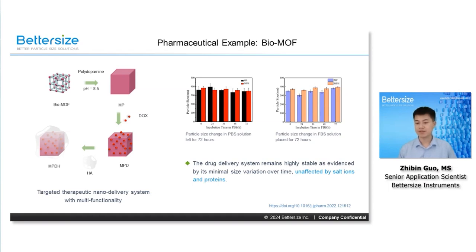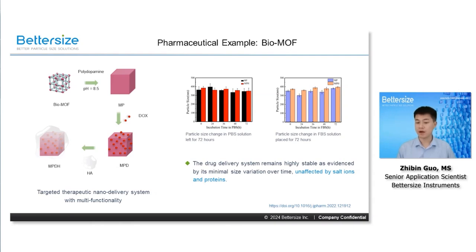PBS simulates the physiological conditions, while FBS represents the plasma environment found in the bloodstream. These conditions were maintained over a 72-hour period, during which the particle size of the nanoparticles was carefully monitored.